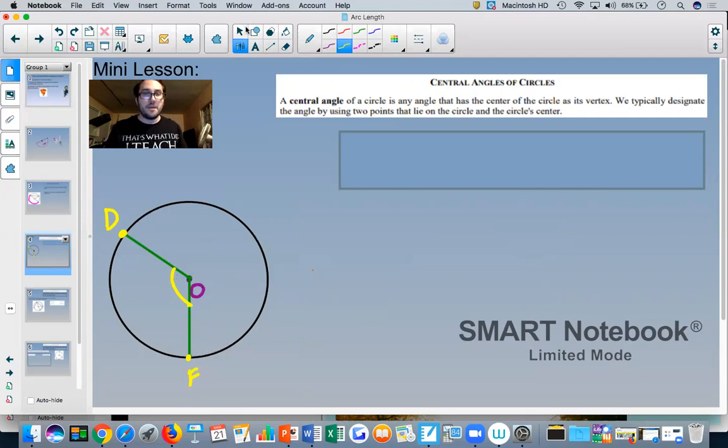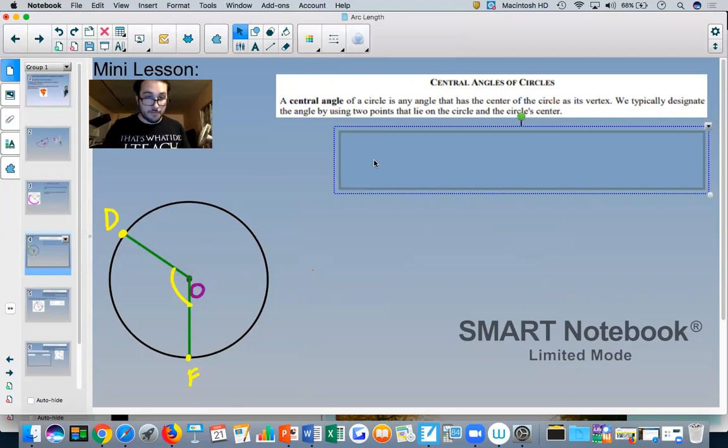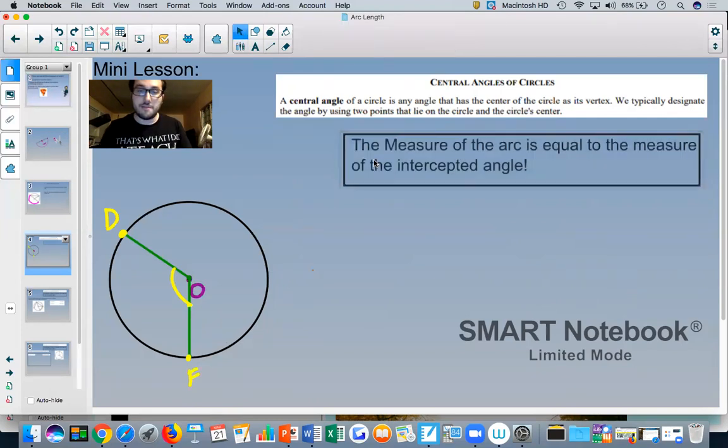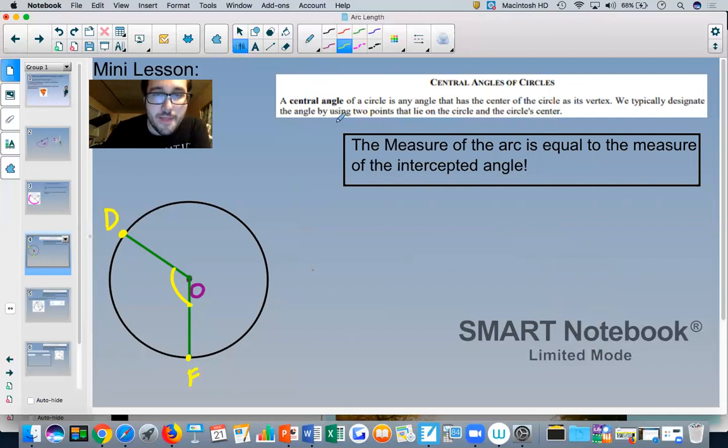Okay, now let's go a little bit further. If I asked you, what is the measure of arc DF? Remember, that arc is this one.